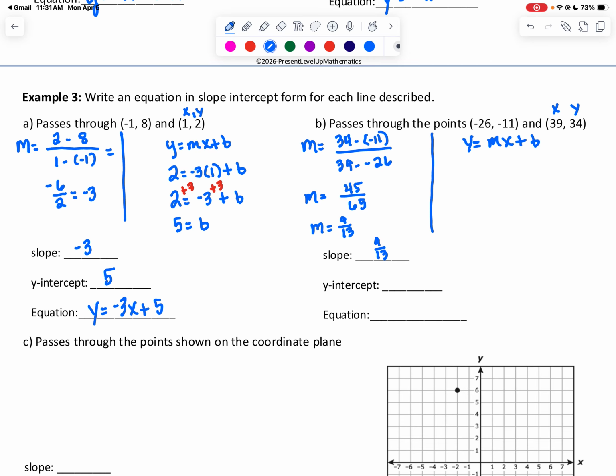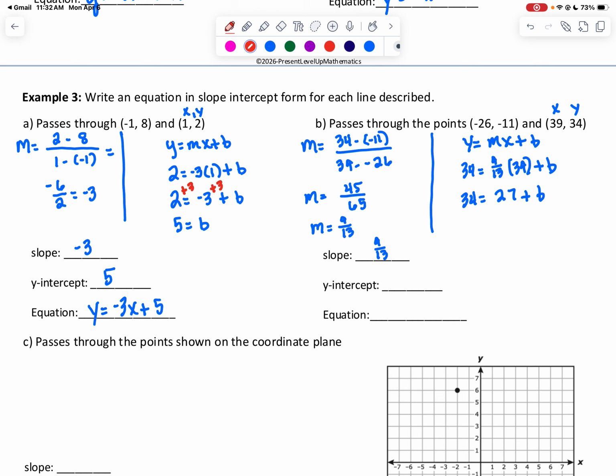All right, so for the y, I'll plug in 34. For the m, I'll plug in 9 over 13. For the x, I'll plug in 39, plus b. So 34 equals 9 over 13 times 39, which would be 27.